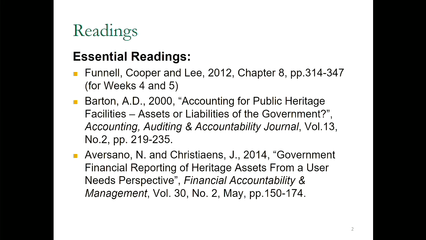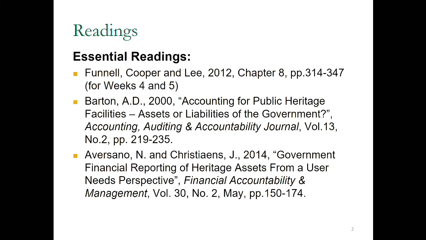For this topic, the first reading is continuing from last week: chapter 8, pages 314 to 347. The second article looks at the accounting issues for public heritage facilities, and discusses whether public heritage facilities should be recognized as assets in the public sector financial statements or not.